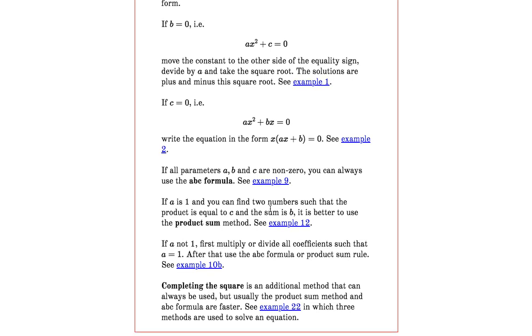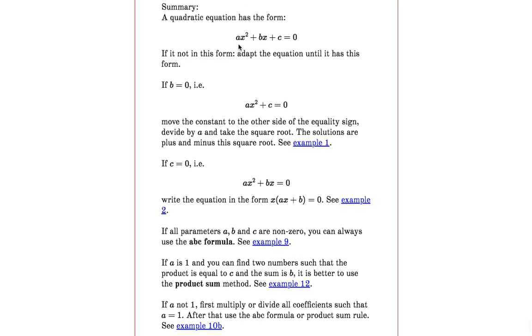We have treated that a few times. And if a is not 1, you divide everything by a, or you multiply by something such that this term is just 1x squared.